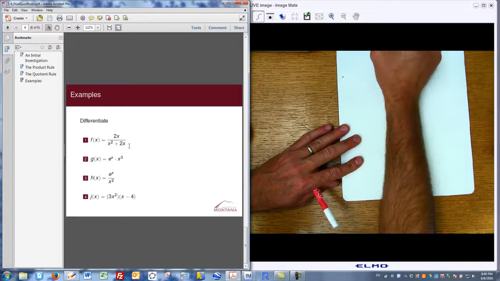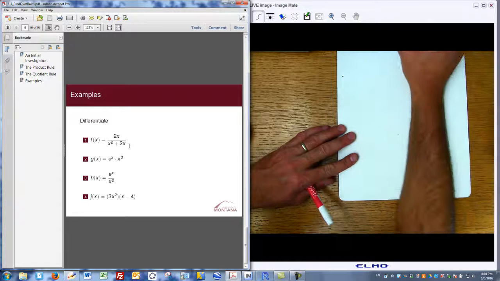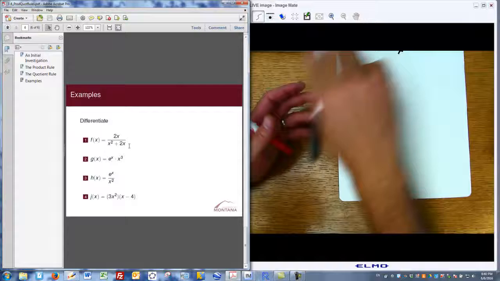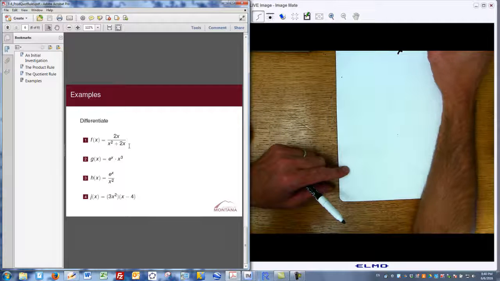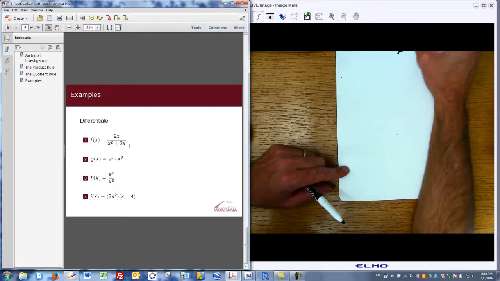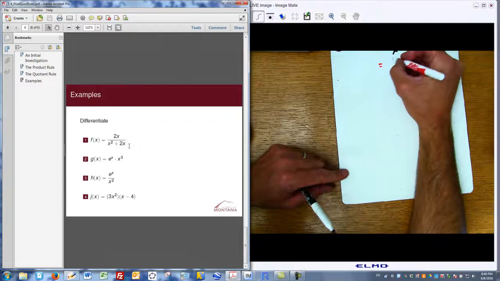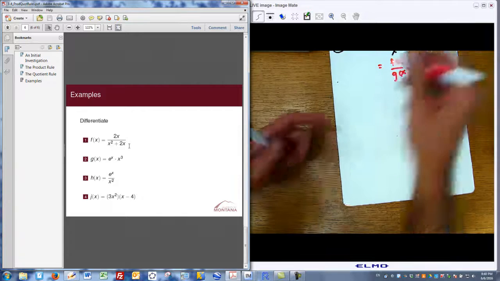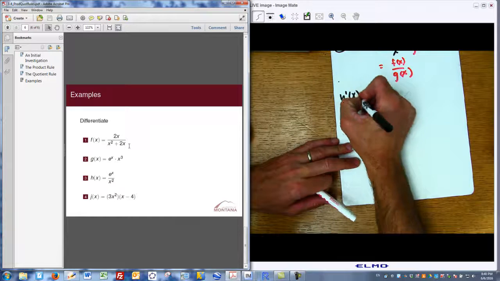h of x is equal to e to the x over x squared. So we have this function. We can now use our naming convention just like this one is f of x, and this one we'll call g of x. So if we think of h of x as some f of x over g of x, then the quotient rule applies for its derivative.